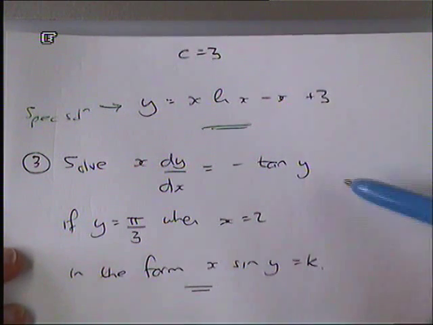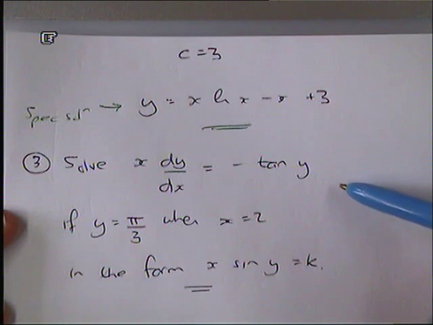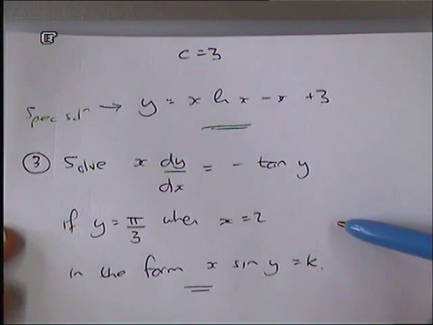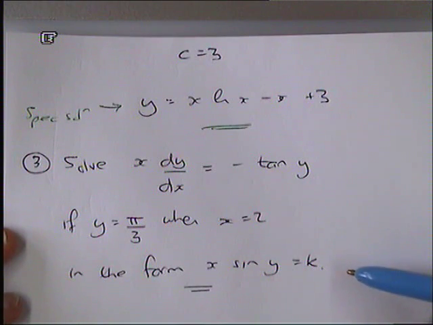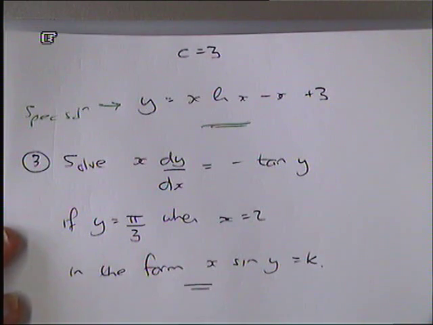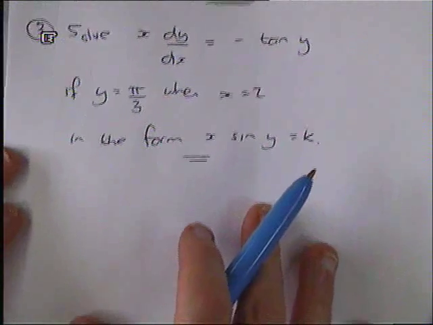So we've got a differential equation, that's the first line. We've got a condition, which means we can move from a general to a specific solution, but they want it to be written down in a certain way. We're going to have to deal with that bit at the end.